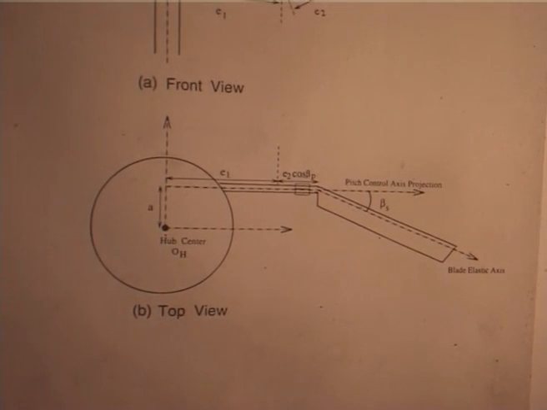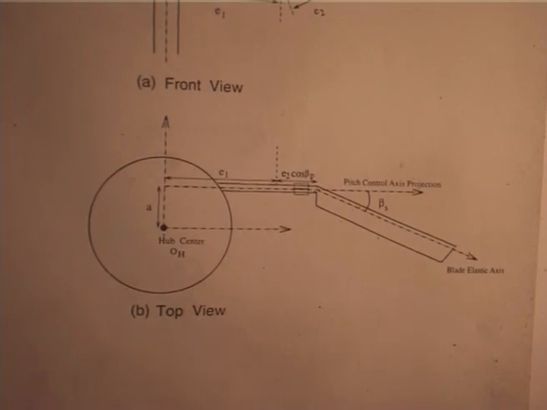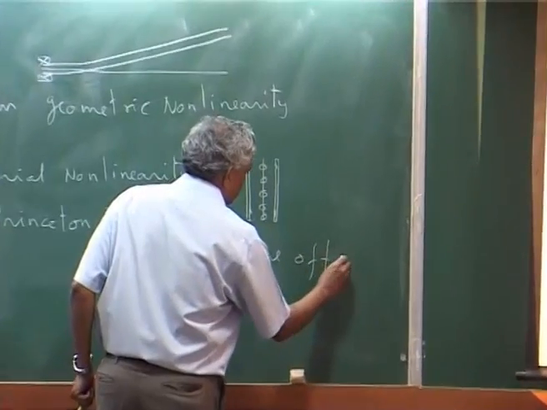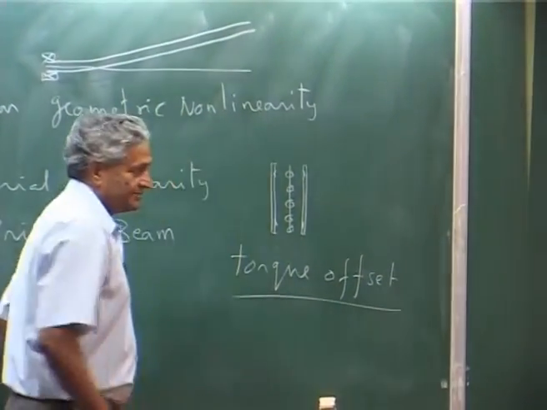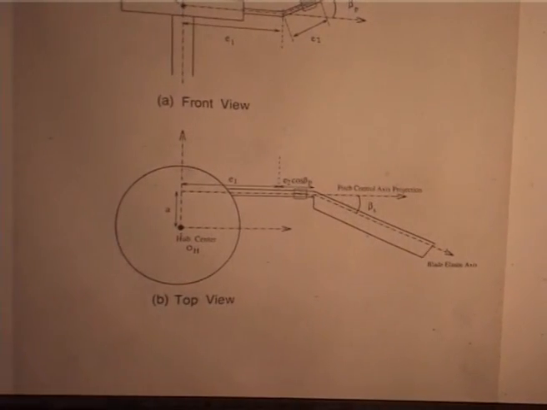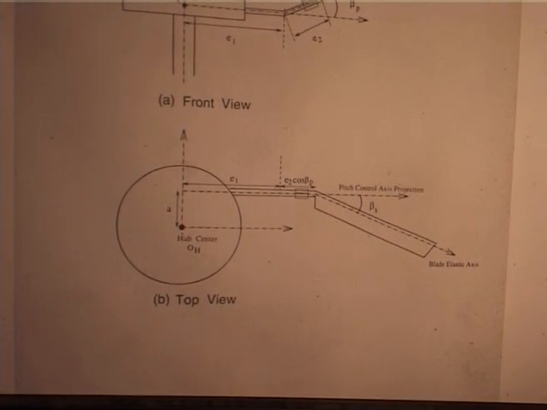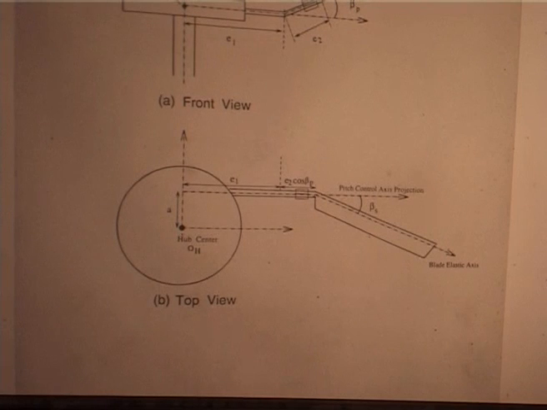This is called torque offset. If you really see what that distance is, it will be about 10 mm. It is not a lot. Usually it is a very small distance.